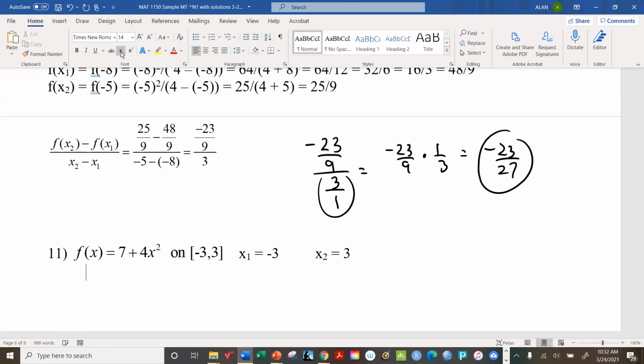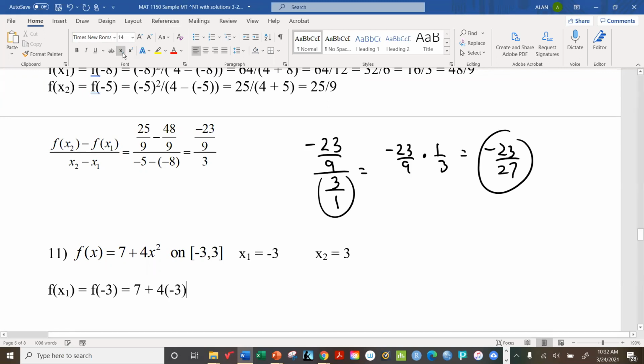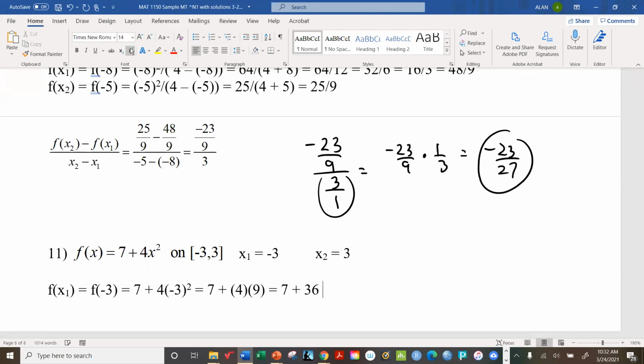All right, so f of x1 is f of negative 3, which equals 7 plus 4 times minus 3 squared, equals 7 plus 4 times 9. 7 plus 36 is 43.